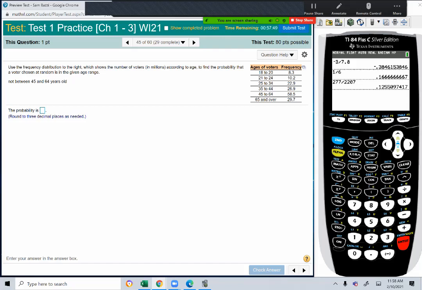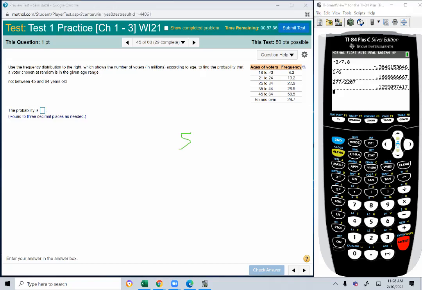You could and divide by the grand total, or look what you can do. You can take 58.5, which is the 45 to 64 group, divided by the grand total, and whatever answer you get, guys, is subtracted from 1.